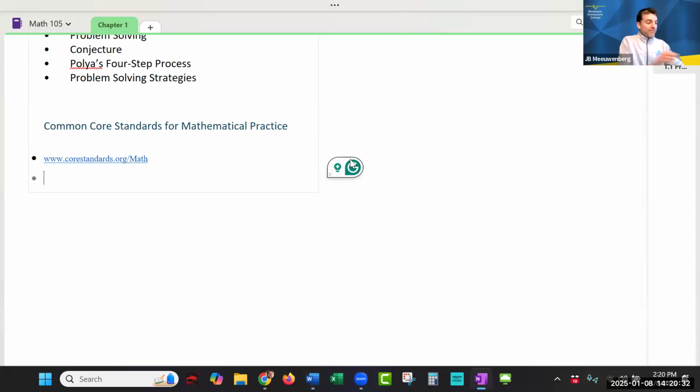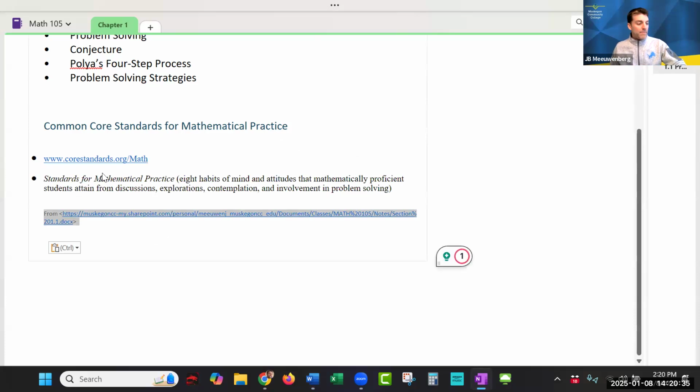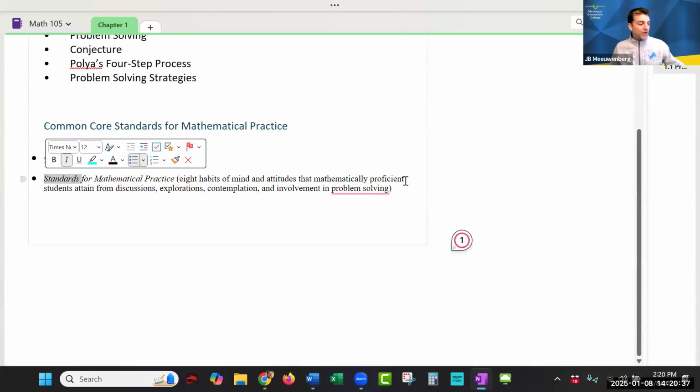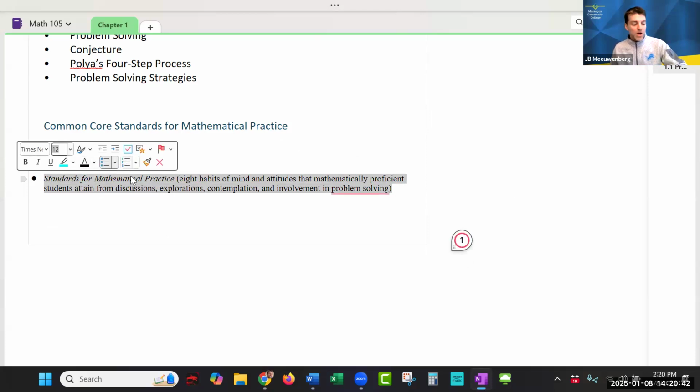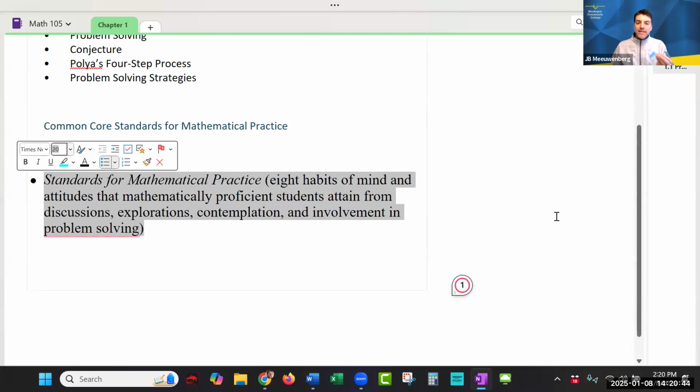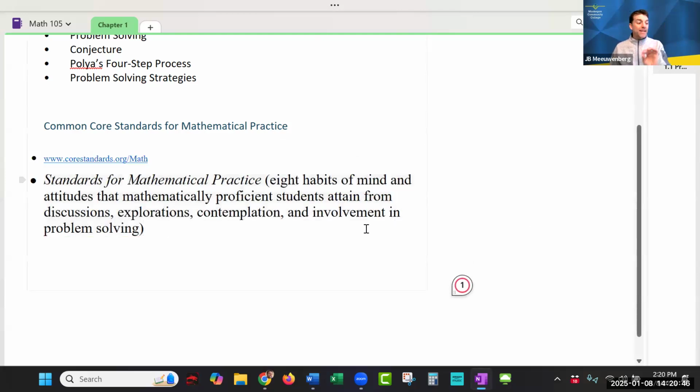So the standards of mathematical practice are 8 habits of mind and attitudes that mathematically proficient students attain from discussions, explorations, contemplation, and involvement in problem solving, which is what we're talking about here today. So 8 habits of mind, 8 things. And the very first practice standard is this.